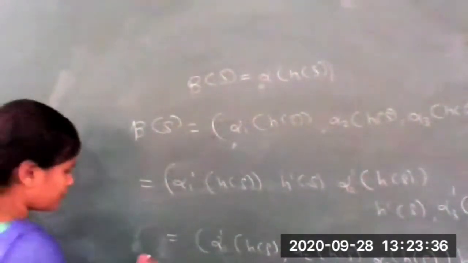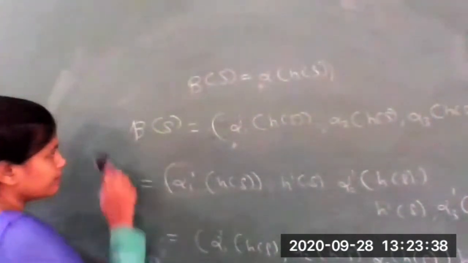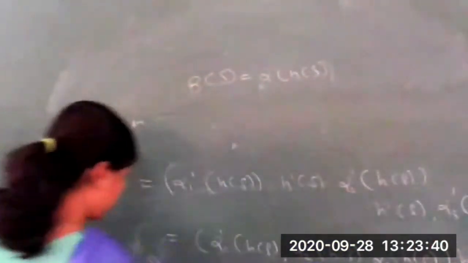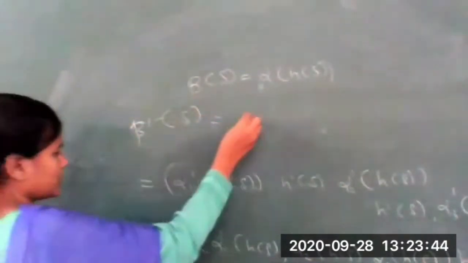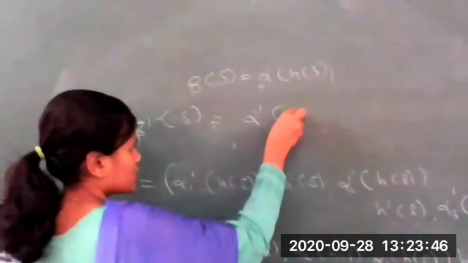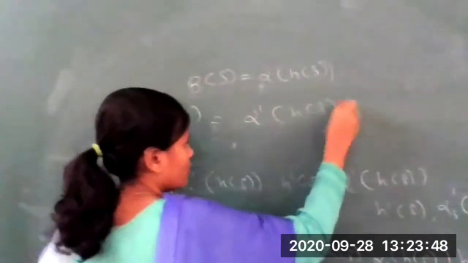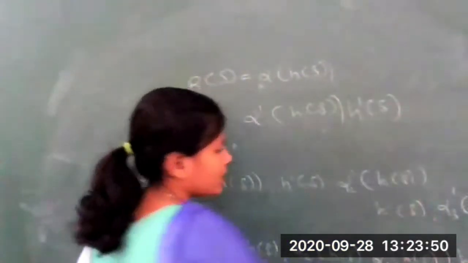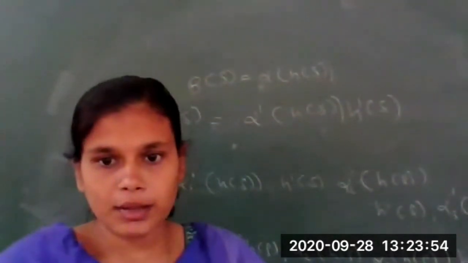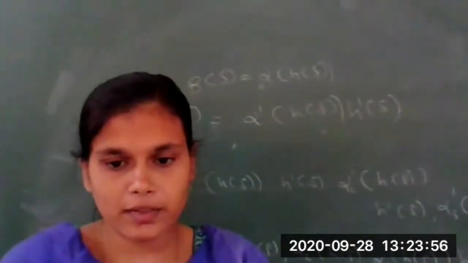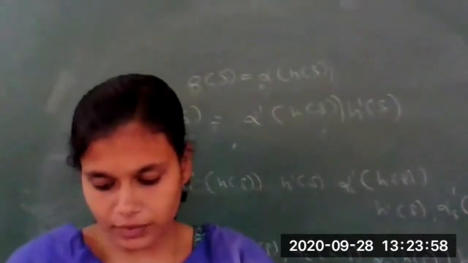Now, how are you going to write this in compact form? Beta dash of s is nothing but alpha dash of h of s into h dash of s. So this is the relation between the reparameterization and the velocity of the curve.